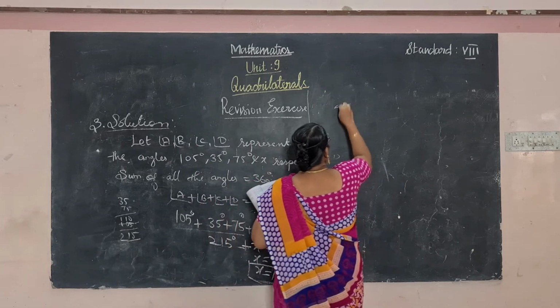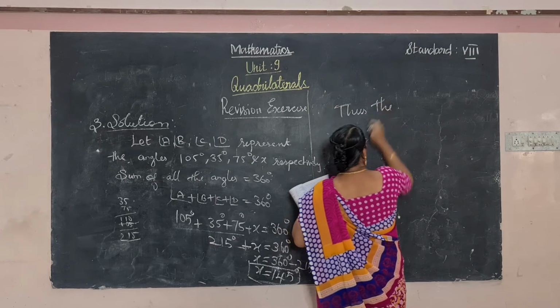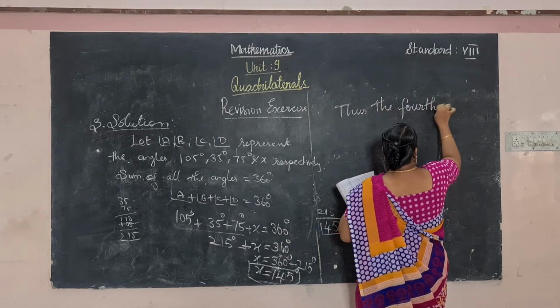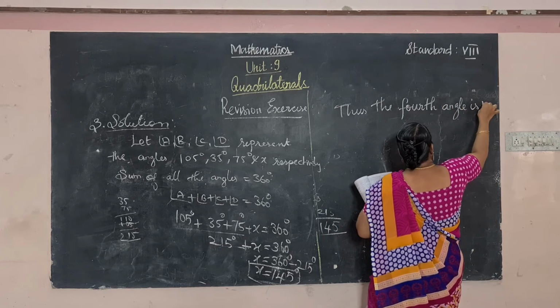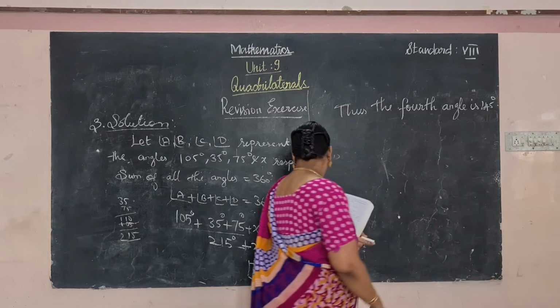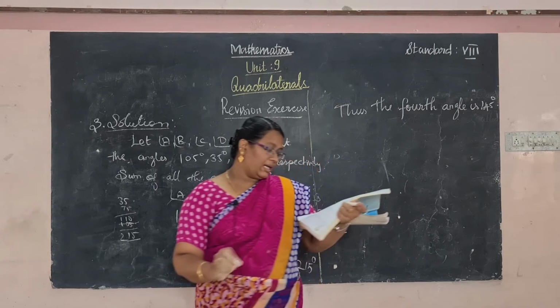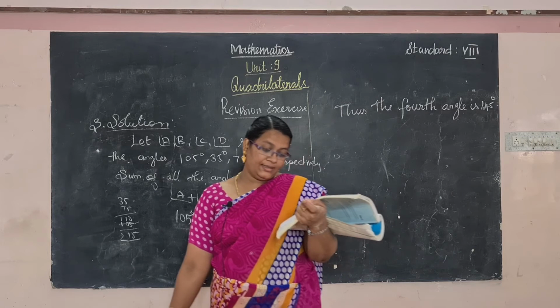Thus, the fourth angle is 145 degree. Okay, right. And next one, two angles of the quadrilateral are 125 degree and 93 degree.